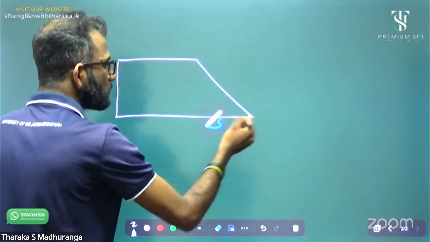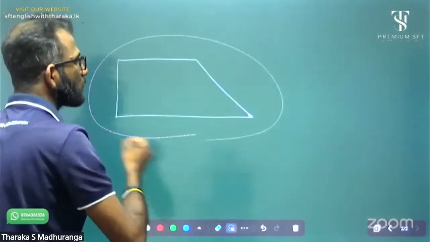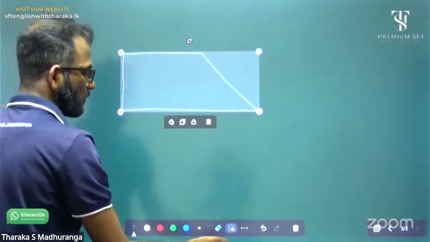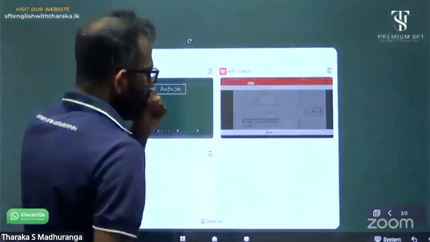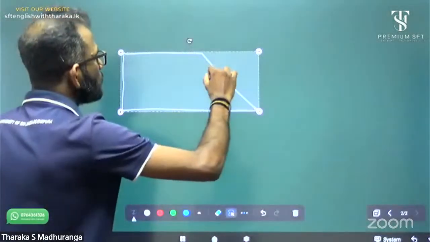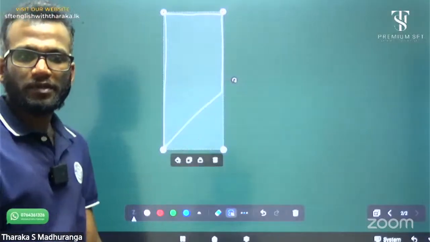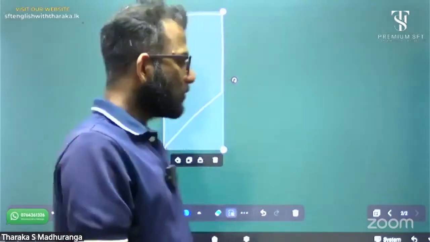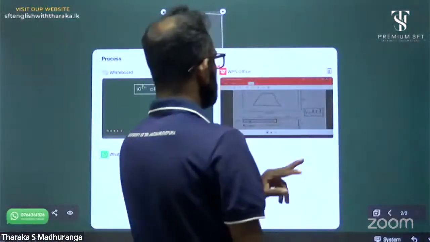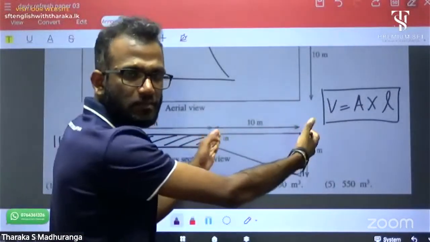Now if you rotate this trapezium in this way, this is the shape. Good. This is the same shape, a trapezium.